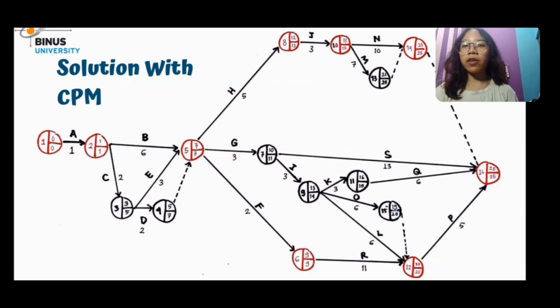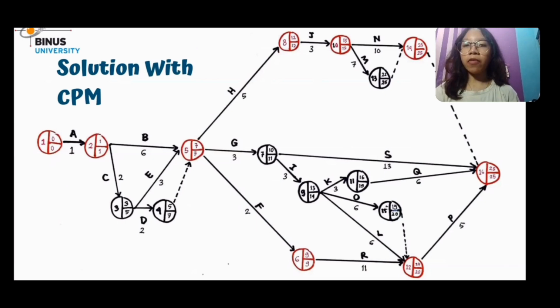Number 14, because of the dummy, then 25. Number 10, we get 25 minus 10 equals 15. Number 8, we get 15 minus 3 equals 12.